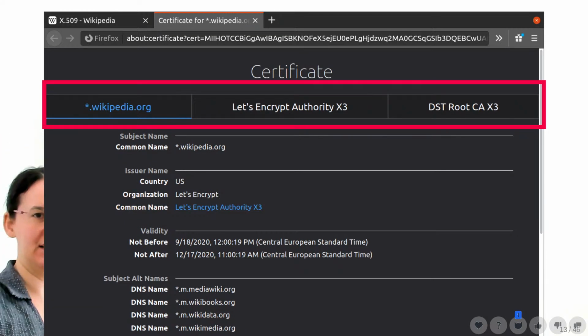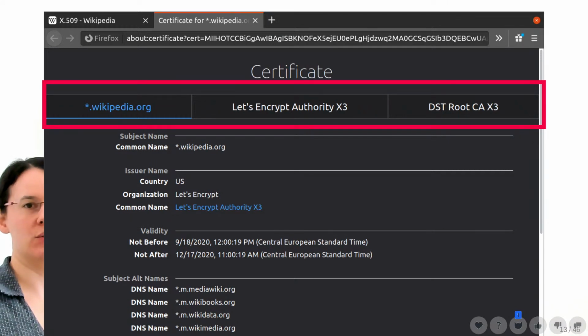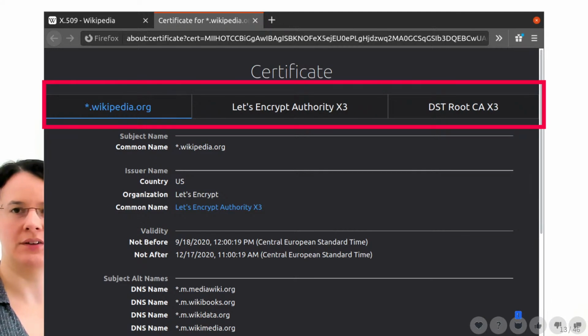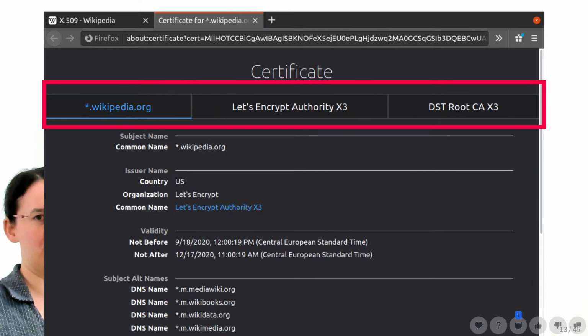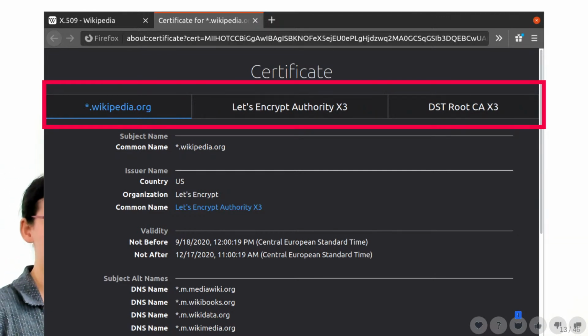If you click on the second tab, you can see that the name of this is the Let's Encrypt Certification Authority. So they issued the certificate for Wikipedia and verified that this is actually the public key of Wikipedia. But their certificate was in turn signed by some root CA. So CA is short for Certification Authority. You will see this acronym a lot.